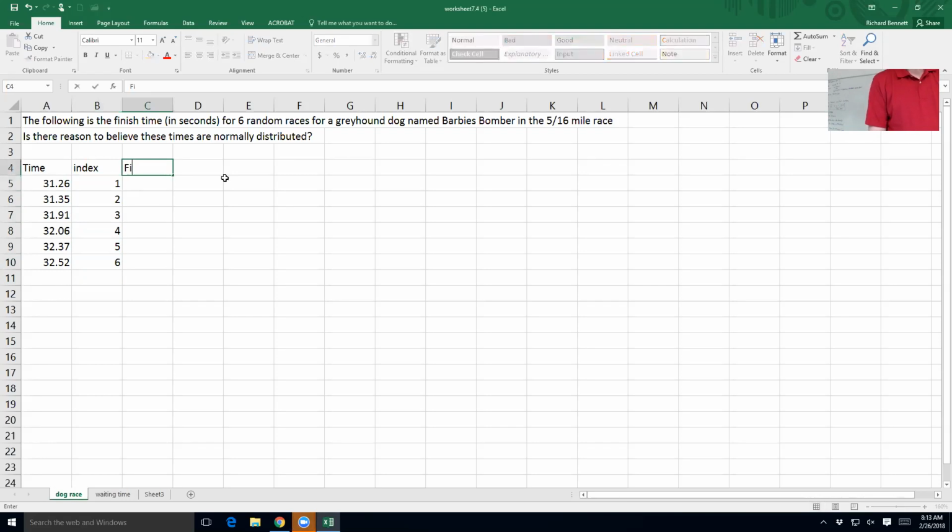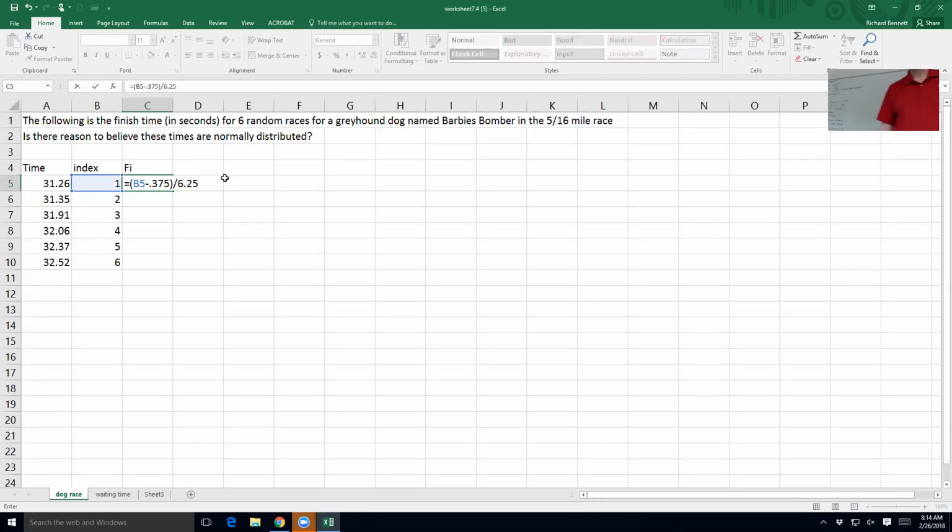According to this formula, my numerator is going to be i, the index number I just put here, and I'm going to subtract 0.375. I'm going to divide it by the denominator. What's my n in this case? n is 6, so I'm going to divide everything by 6.25.